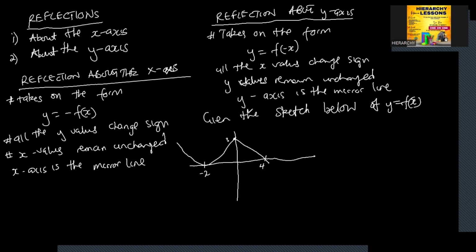We want to sketch graphs of (a) y is equal to negative f of x, and (b) y is equal to f of negative x. So I want to sketch these two graphs.